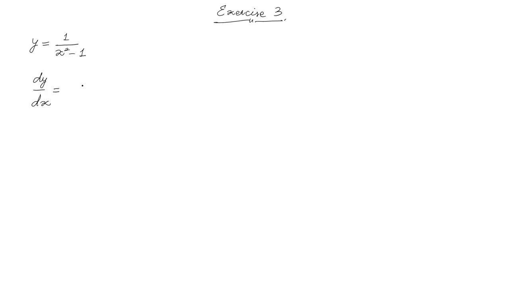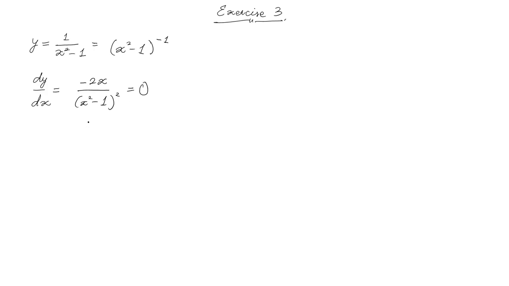Alright, so the dy/dx for this one, you have to take x squared minus 1 to the power of -1. Then you can use your chain rule, or simpler version of chain rule, and get negative 2x divided by (x squared minus 1) squared, and let this equal 0.